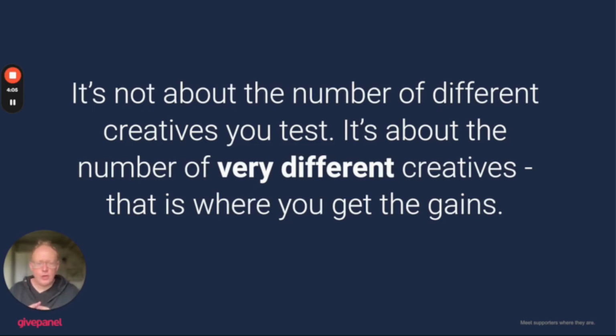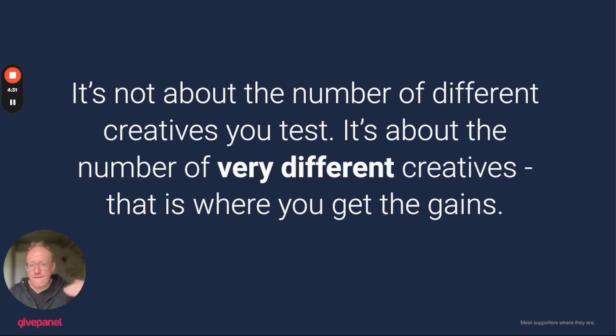So 3 very different creatives is better. For example, 1 video of someone doing something, 1 animated treatment with bright colors, and 1 slideshow or something else. Do you see what I mean? Very different. That's where you're going to find one of those will really become the ad that makes sense. Now, if you can do 30 very different creatives, which is very hard to do, then that's even better.